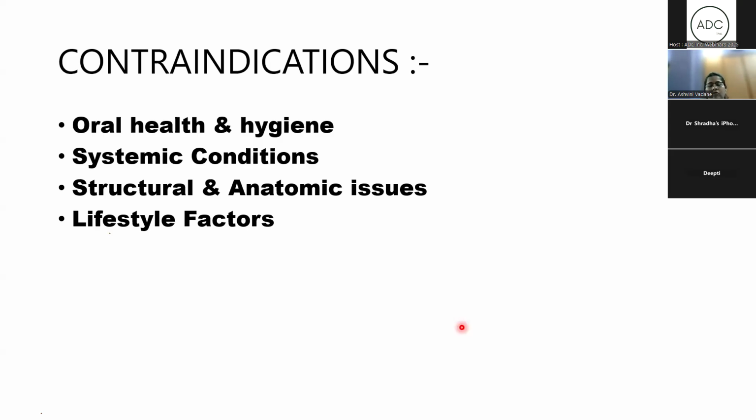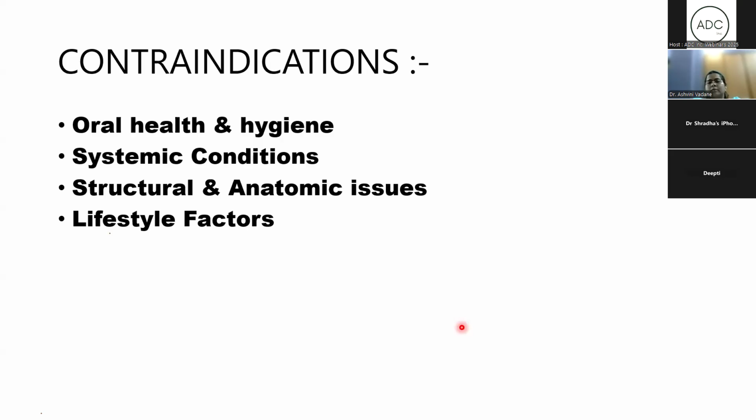Structural and anatomic issues means while placing the dental implant, you have to take into consideration the quality of the bone. That we will see in further lectures, quality of bone, D1, D2 and all. But quality of bone is very much important. Then how much bone height and width you are getting.